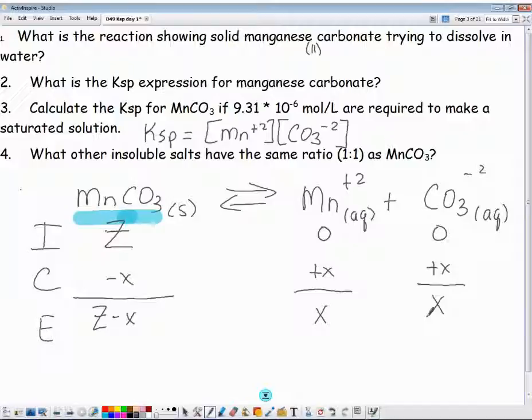I know in gases we didn't because it wasn't always 1 liter, so we left it as moles, but when we get past chapter 13, when I do my ICE charts, everything is a molarity value. And particularly when we do this here, we're going to leave everything as molarities. Now, you can have a molarity of the solid, but you're never going to be plugging that in anyway, so don't worry about that one.